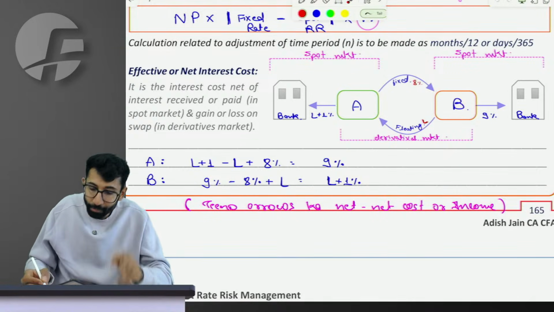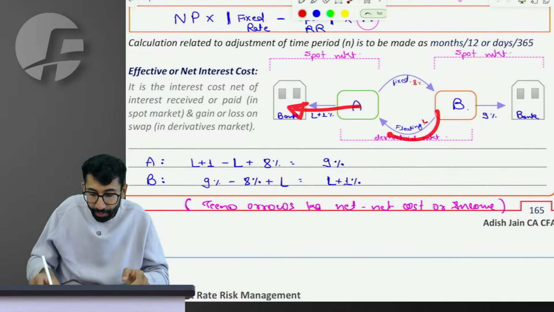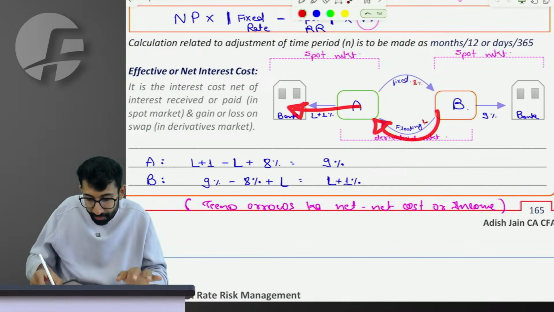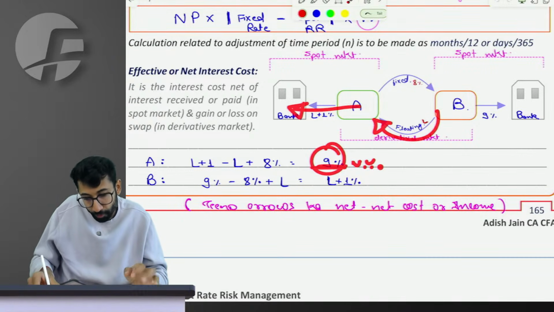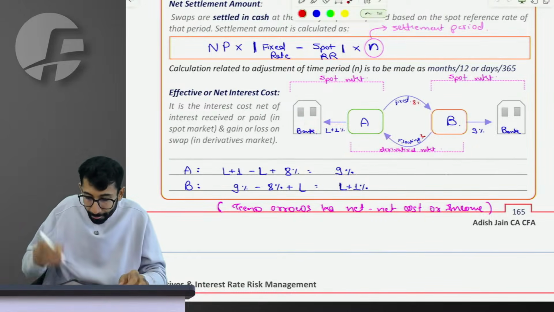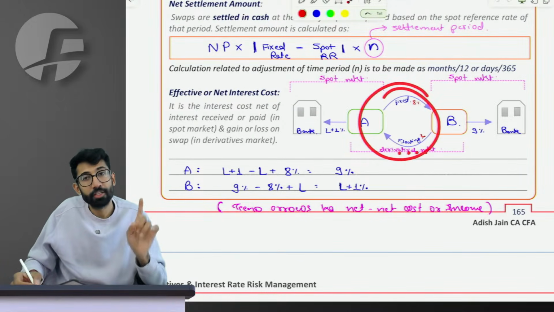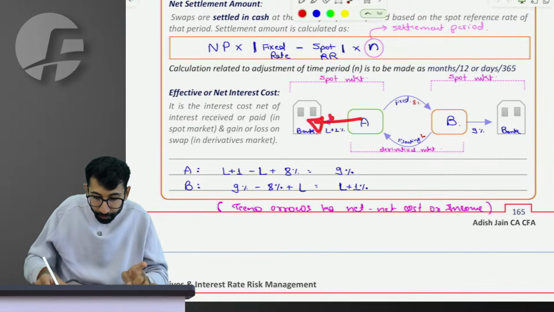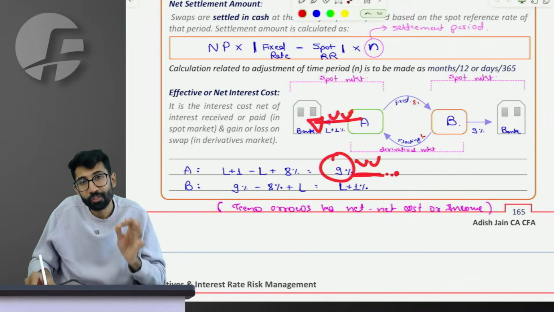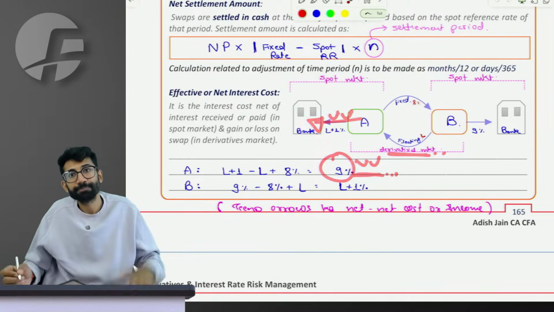When the market LIBOR decreases, you pay lower rate, you receive lower rate, no worries. Effectively, you end up converting to fixed, meaning to say, if you take a correct position in the swap, your spot market floating position can be effectively converted to fixed with the help of swap in the derivative market.